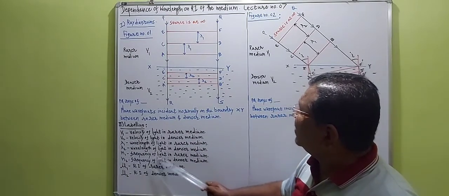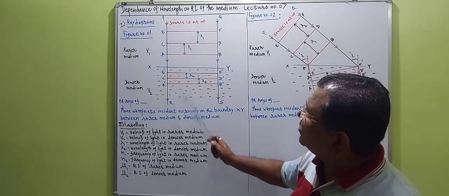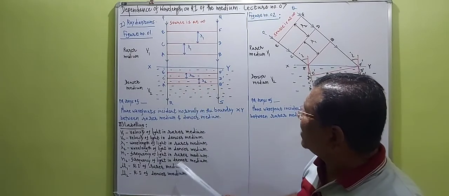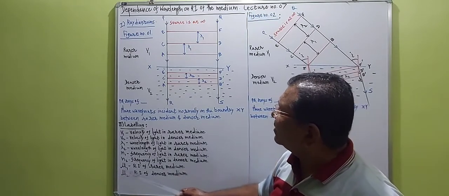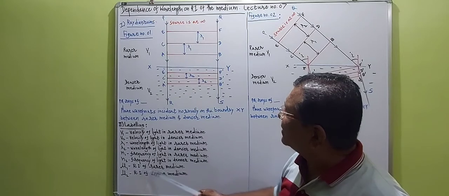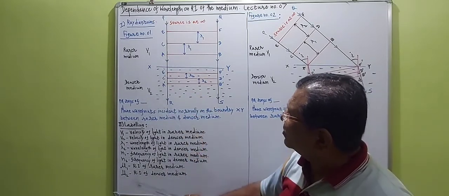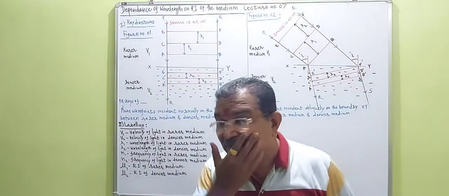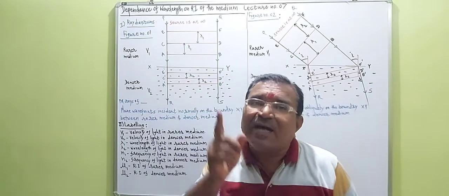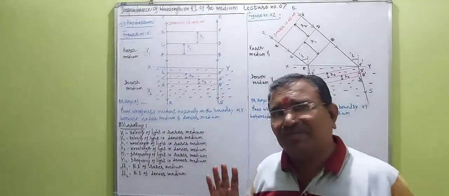N1, frequency of light in rarer medium. N2, frequency of light in denser medium. Mu1, refractive index of rarer medium, and mu2, refractive index of denser medium. All those things I have already written in the labeling.